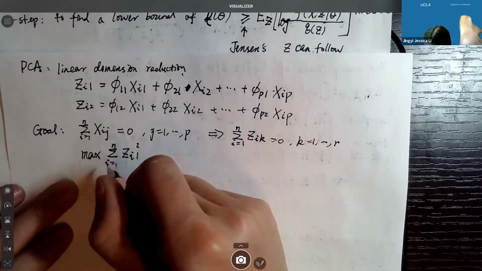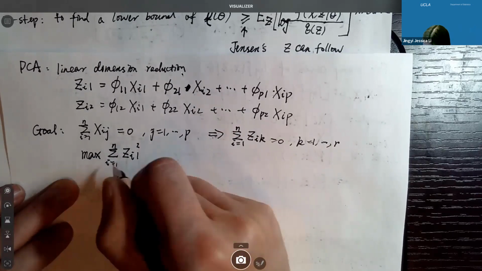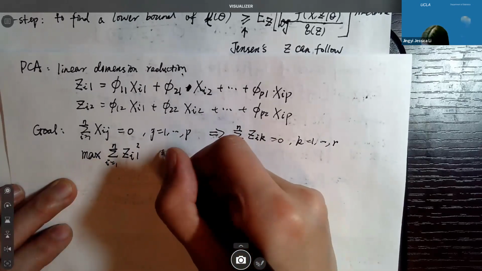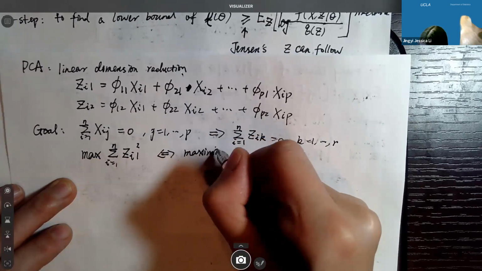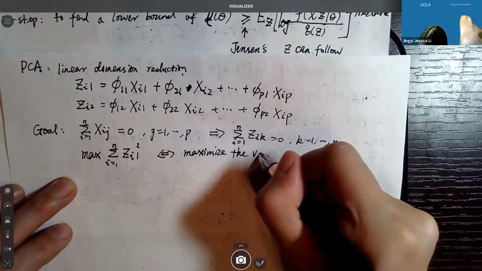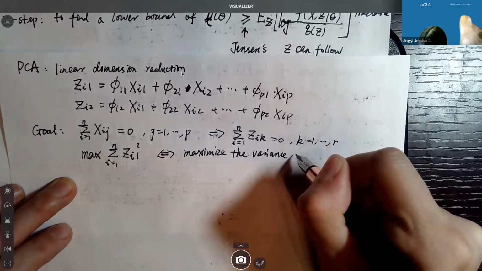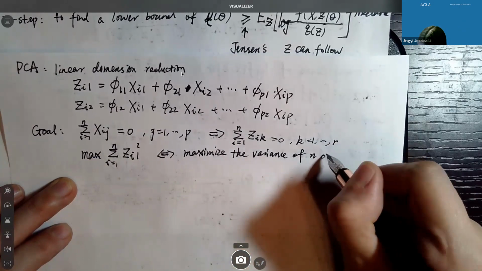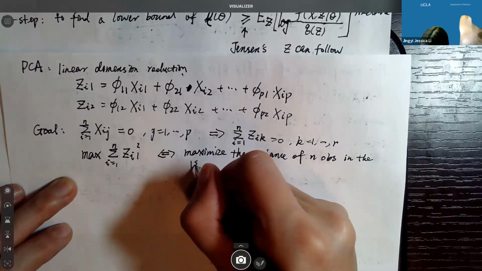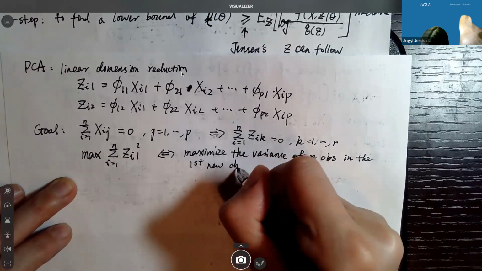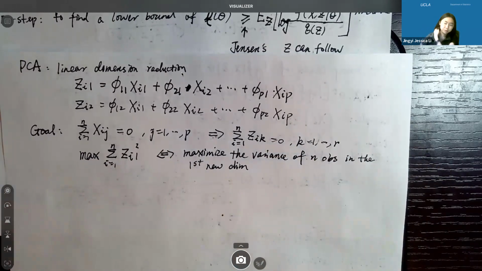If I divide the n back, this achieves maximizing the variance of the n observations in the first new dimension. That's our goal, to find the first dimension for the PCA. How do we achieve it?